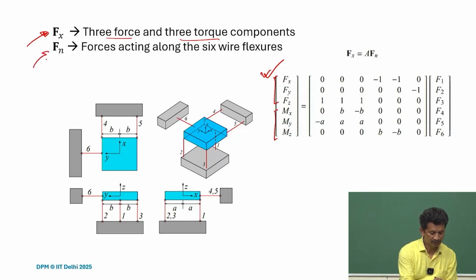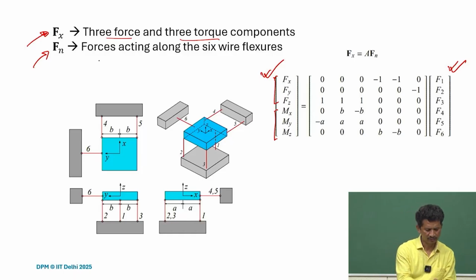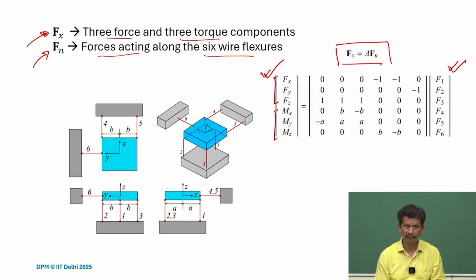And Fn is, again, the forces F1, 2, 3, 4, 5, 6 along the longitudinal directions. So forces acting along the 6 wire flexures lengthwise. So if you write one by one and compare, we can write it in a very short form, in a matrix form, Fx equal to A Fn.